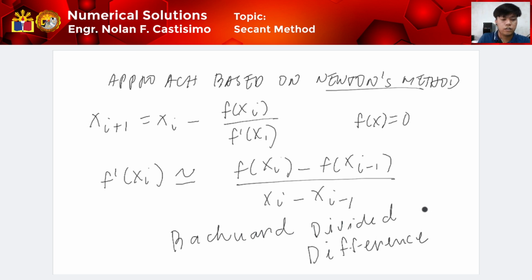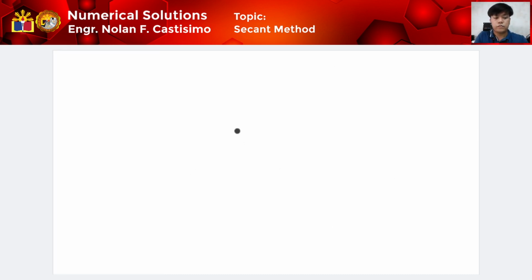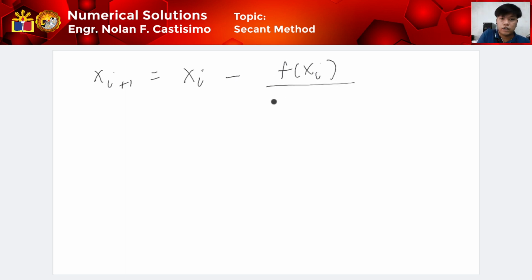Now we simplify it like this: x sub i plus 1 is equivalent to x sub i minus f of x sub i divided by f of x sub i minus f of x sub i minus 1, divided by x sub i minus x sub i minus 1.